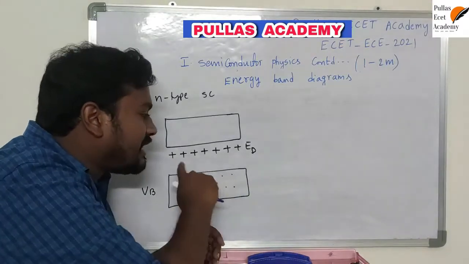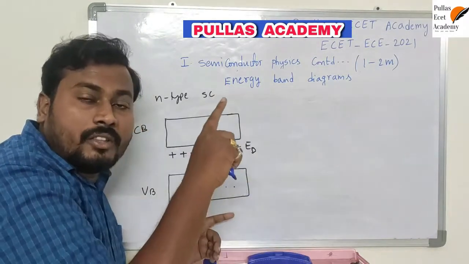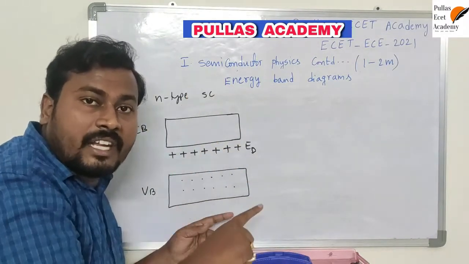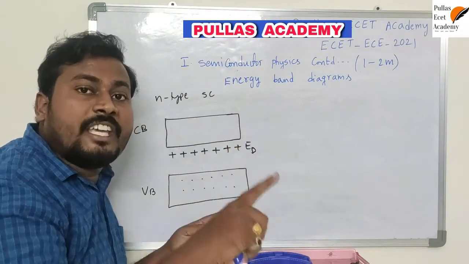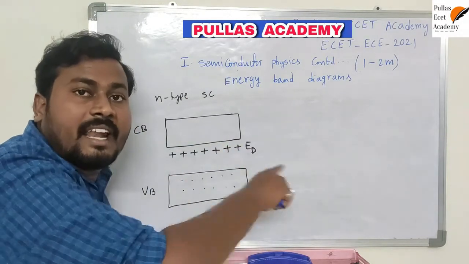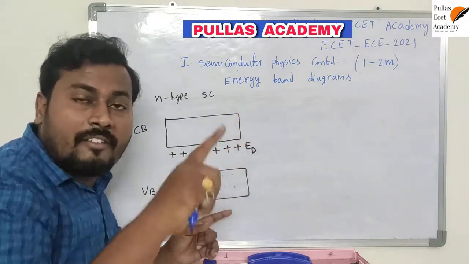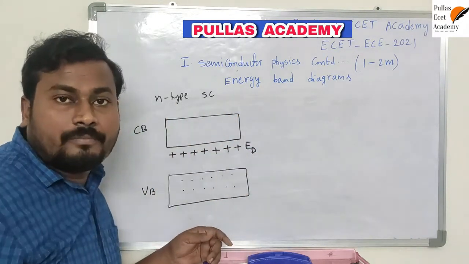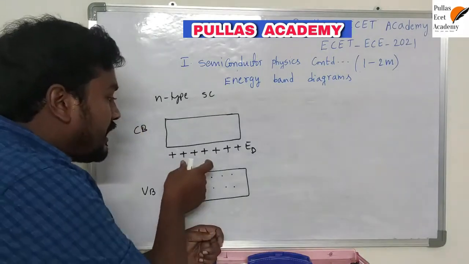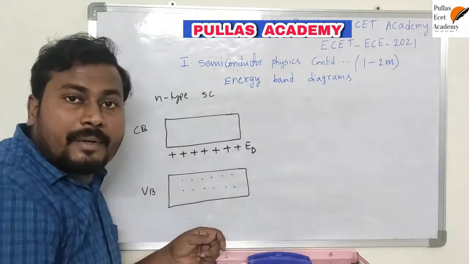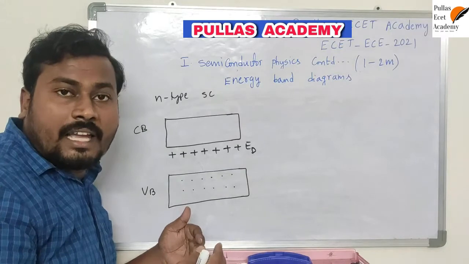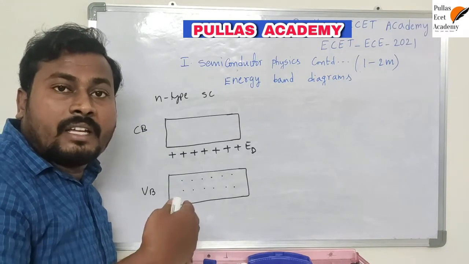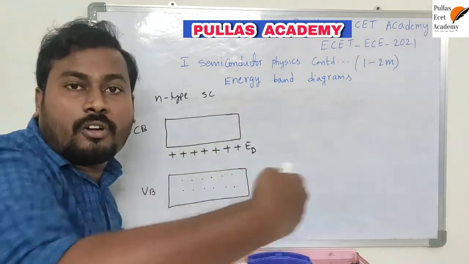This energy level is referring to the fifth electron of each phosphorus atom. At this energy level, energy states are available for the fifth electron of the phosphorus atom. So at T equal to 100 Kelvin, what is happening? Each phosphorus atom can donate its fifth electron.